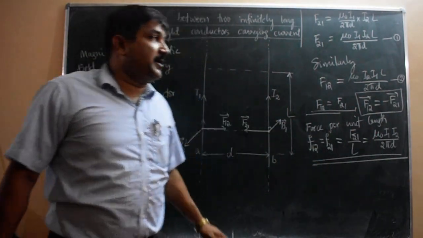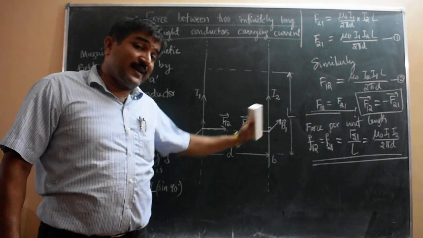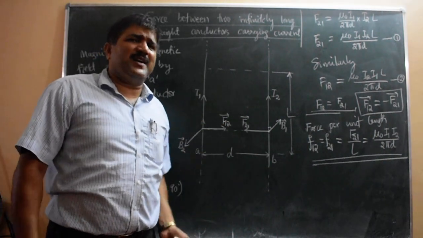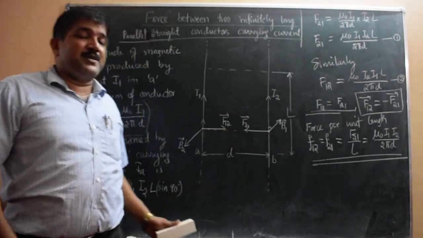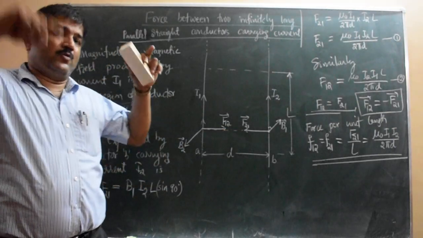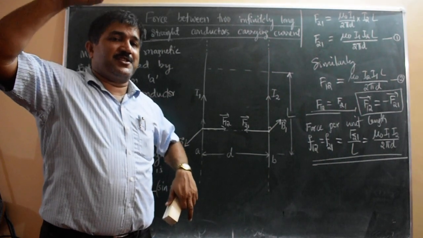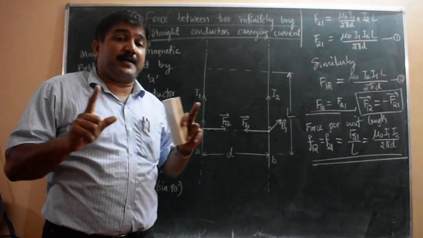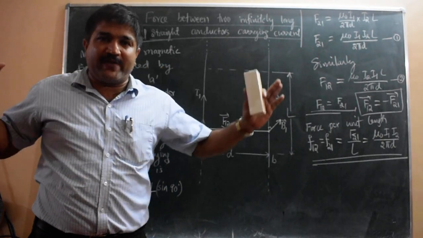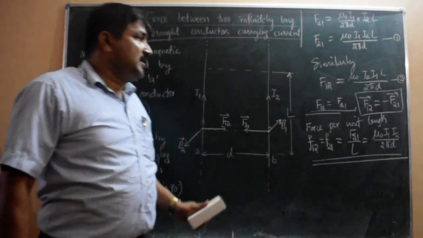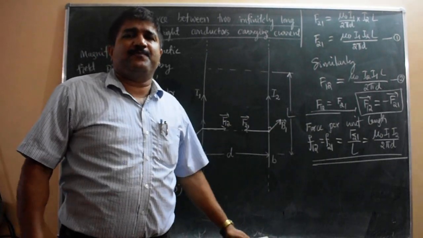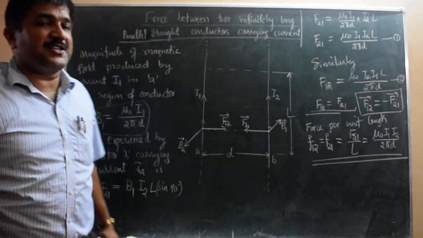So if the two currents are like currents, the two conductors attract each other. If the currents are unlike, one going up and the other in the opposite direction, then the two conductors repel each other. They try to go away from each other. So like currents attract and unlike currents repel.